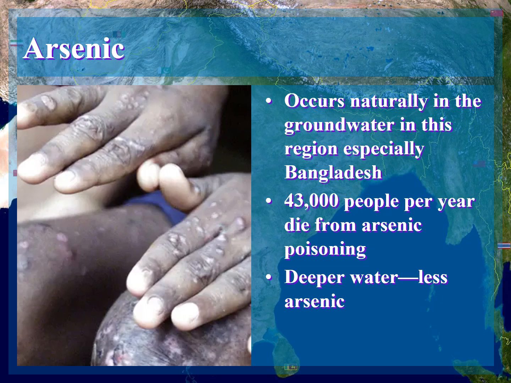One of the other issues that people in this area face is water contaminated with arsenic. Arsenic occurs naturally in the groundwater in this region, especially in Bangladesh. The deeper water has less arsenic, so people have started to try and tap into the deep groundwater in order to bring up water that is not laden with arsenic.